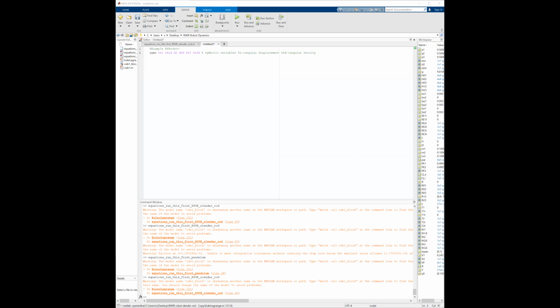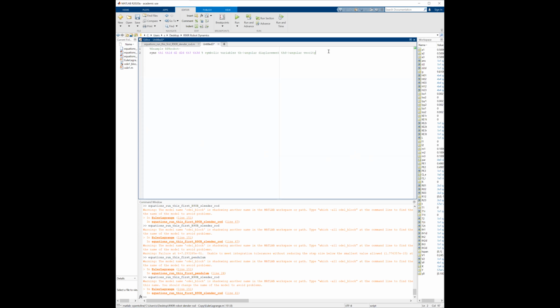And I'm gonna specify all the constants, copy, and then I will write this over here. I'm going to assume the mass of link 1 is 0.1 kg, mass of link 2 is 0.2 kg.